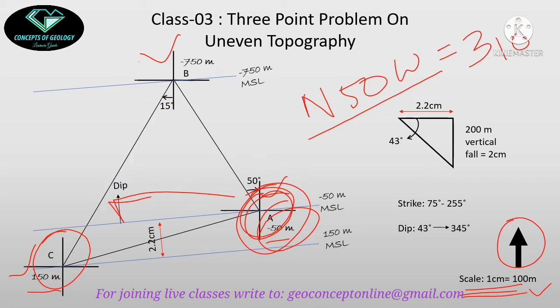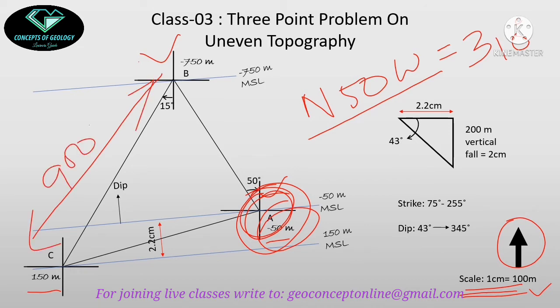If you use the arithmetic process, it may be somewhat harder here, because the vertical gap between them is 900 meter and the length gap is 11 centimeter. So if I divide, it will be a fraction. That may be a problem.